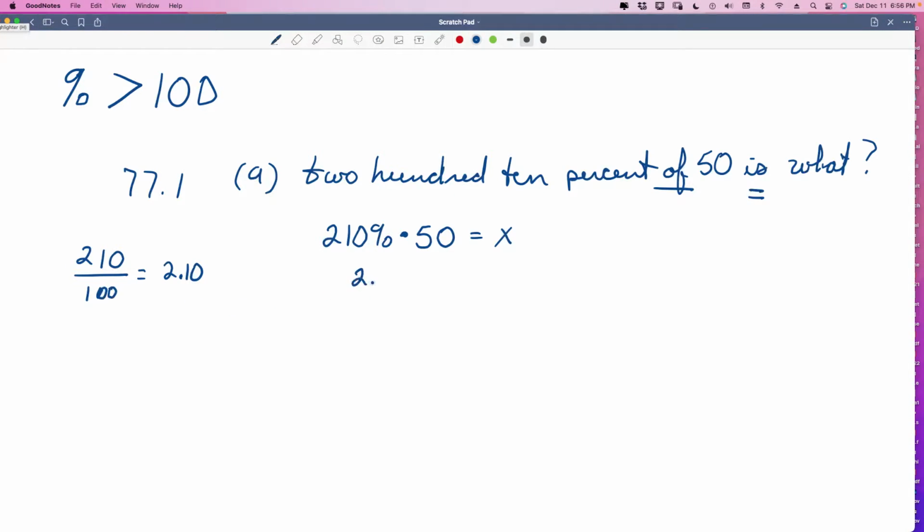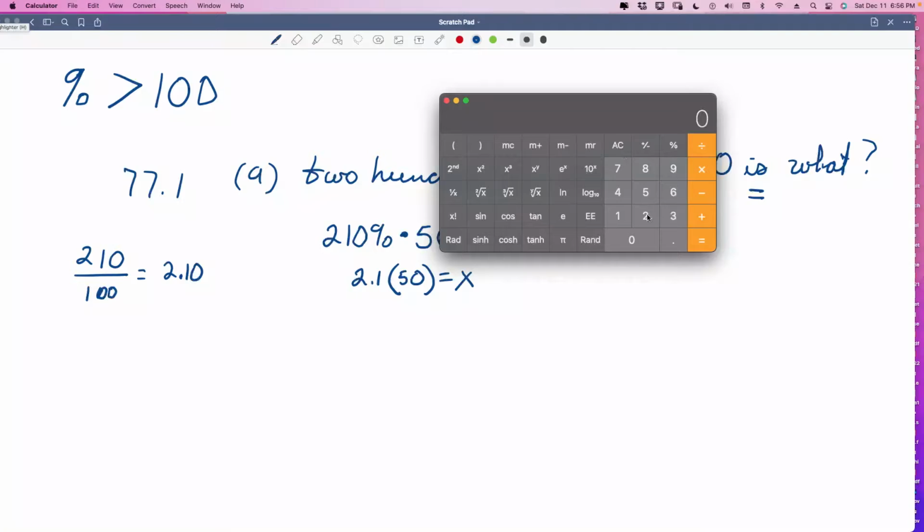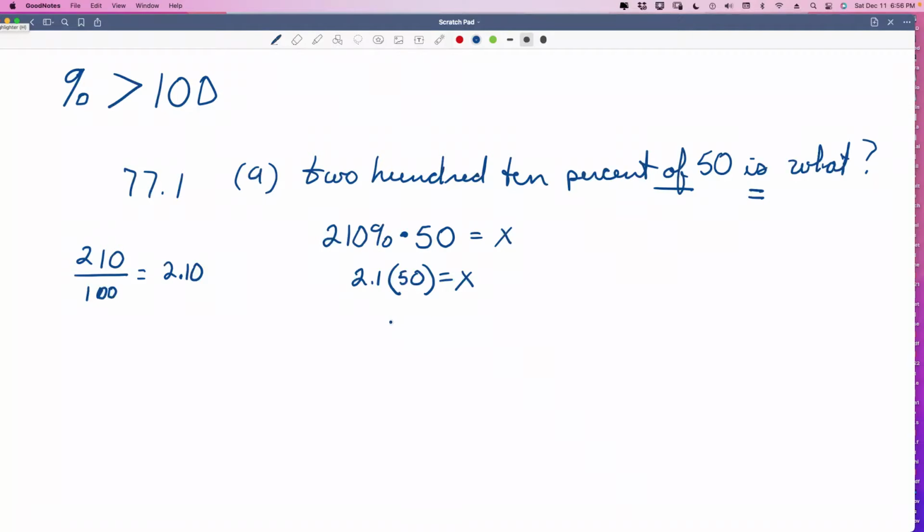So we would then say 2.1 times 50 is going to equal X. Then we open up our calculator and we say 2.1 times 50 equals 105. So 105 is 210% of 50. All right, and that is our answer.